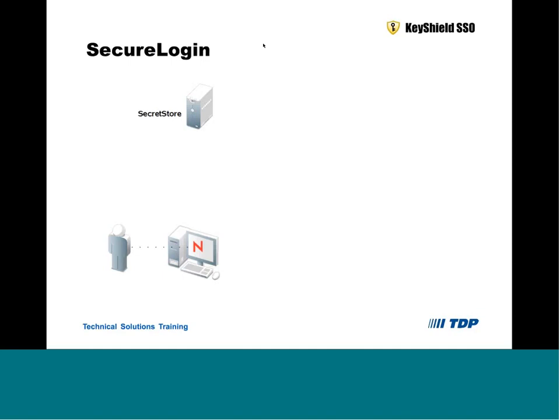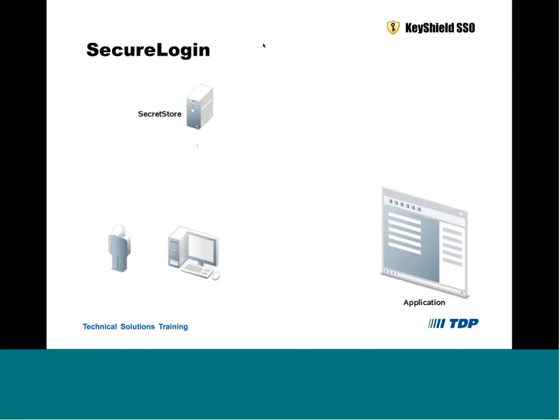It can work in that manner that you authenticate to the eDirectory environment and you are in. So you open your secret store, and within that secret store, Secure Login is keeping your credentials to different applications.